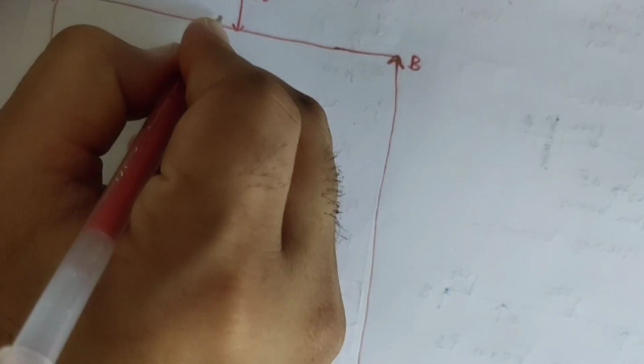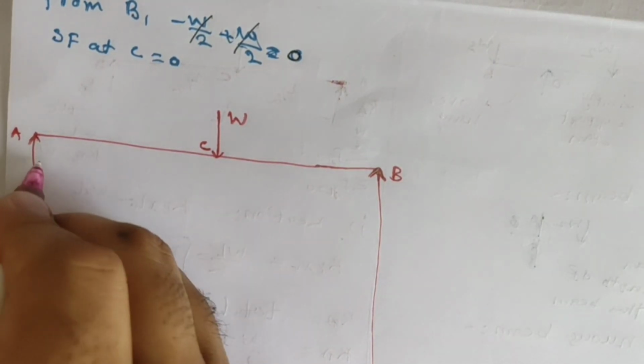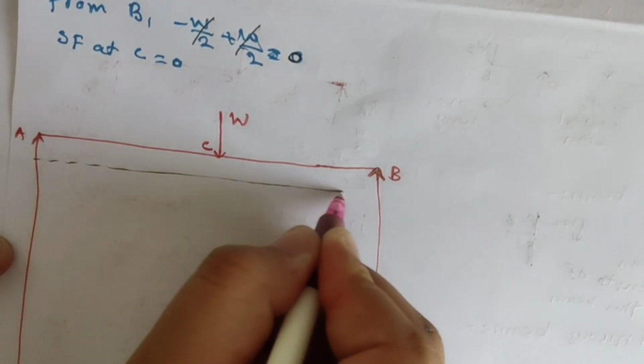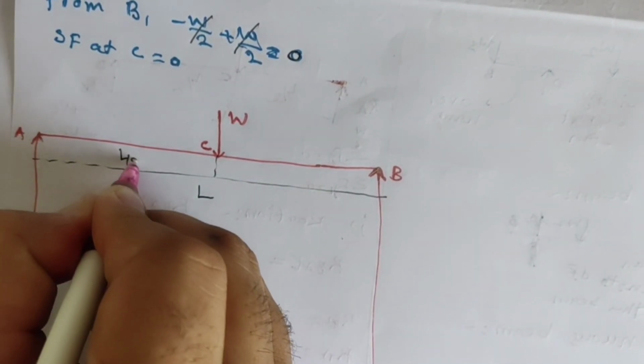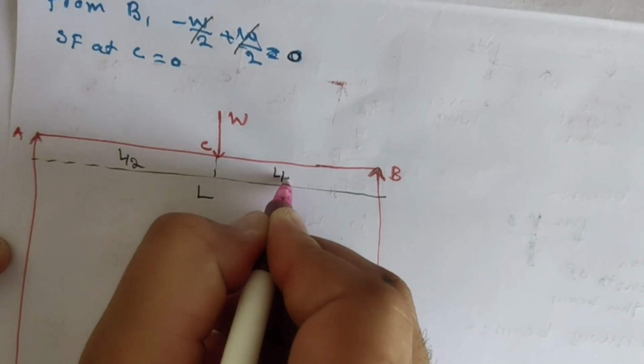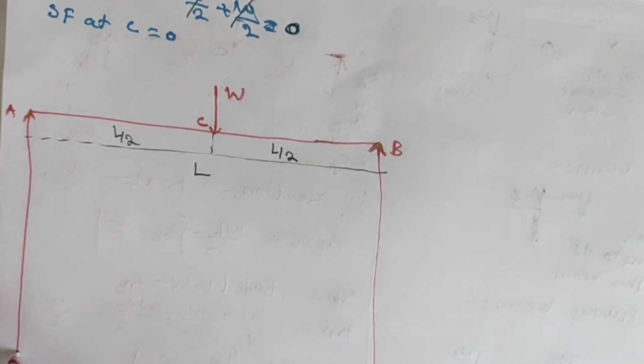This point is C. The total length is L, and there is L by 2 here and also L by 2 here.